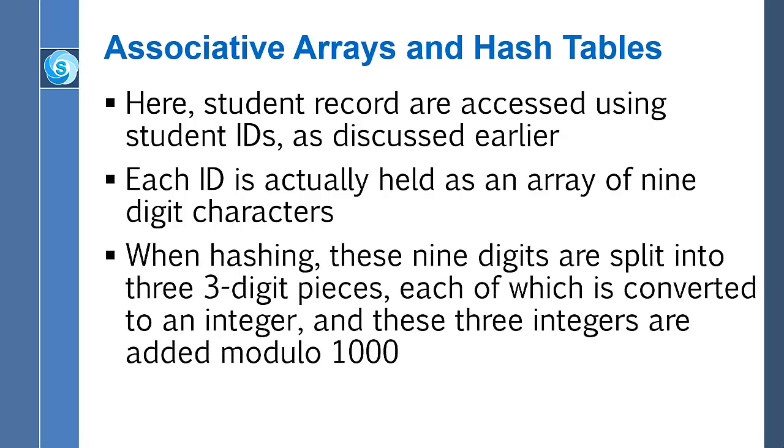Okay, but the hash function I'm using is the one that was described earlier. You take those 9 digits and split them into 3 groups: the first 3 digits, the middle 3 digits, and the last 3 digits. Then, using each of those 3-digit combinations, convert it to an integer corresponding to those digits, add those integers together, and like we did before, reduce the sum modulo 1000.